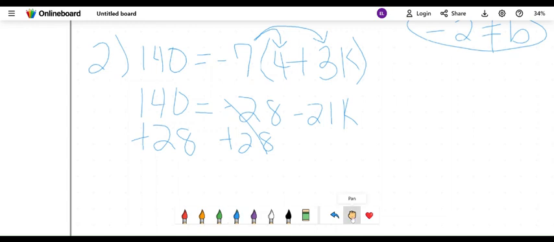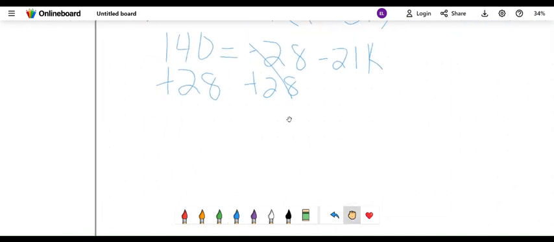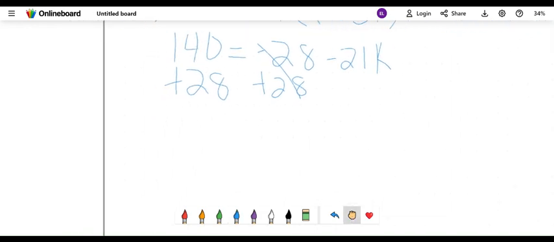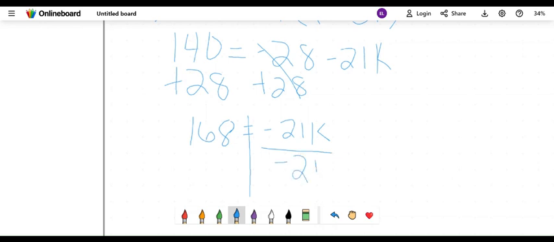Okay, so we bring this down: negative 21k, and we end up with 168. Now we divide both sides by negative 21.